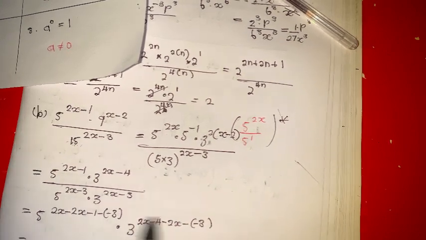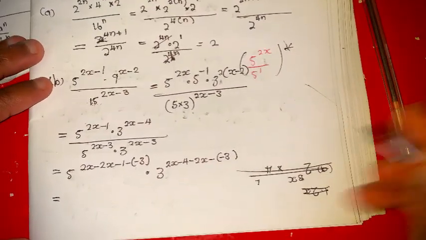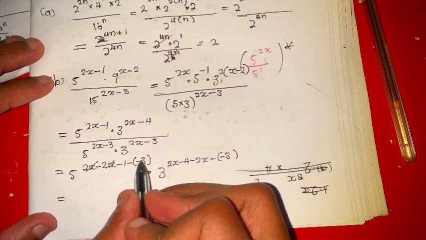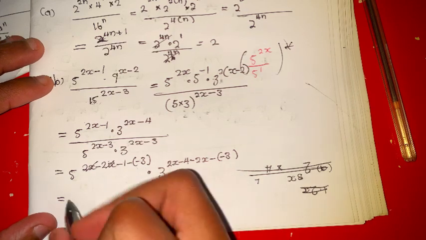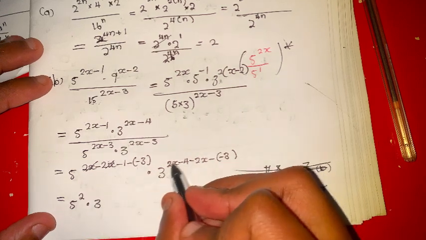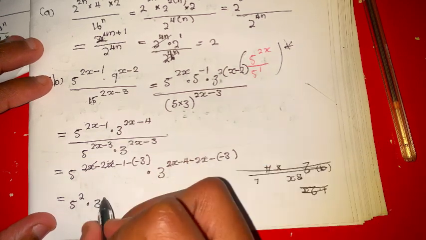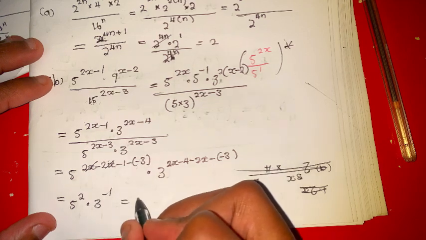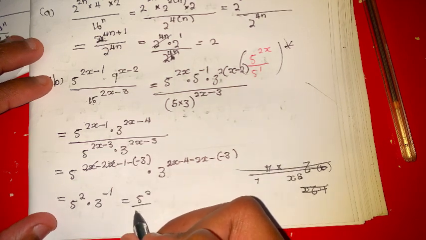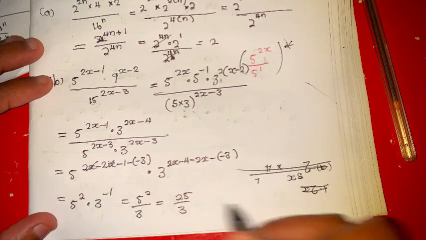So what you're left with now is 2 minus 2 cancel out. Positive 3 minus 1 is 2. 2x minus 2x cancel out. Negative 4 plus 3 is negative 1. So you're left with 5 squared over 3, which is 25 over 3.